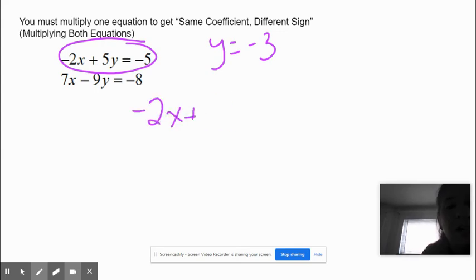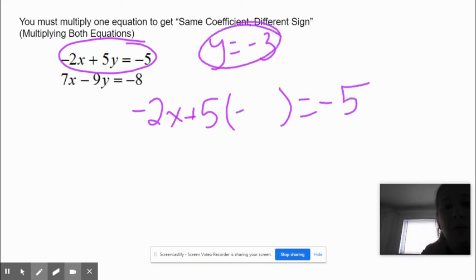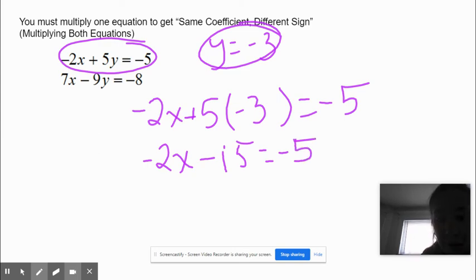Plus 5, and instead of y, I'm going to take y out and replace it with what I know y is. Now I'm just going to sort of clean up, right? Negative 2x. 5 times negative 3 is negative 15. Negative 5. Add 15 to both sides.